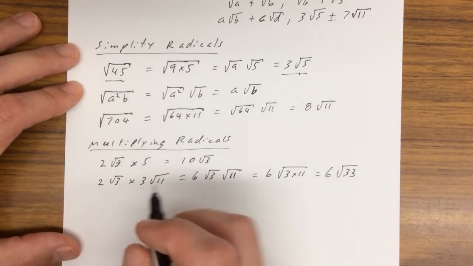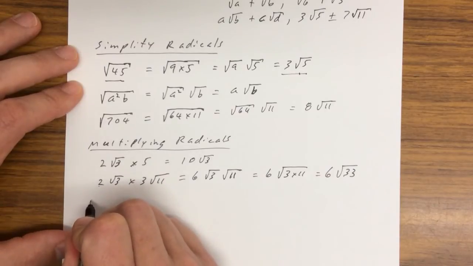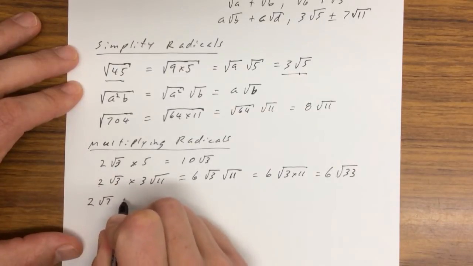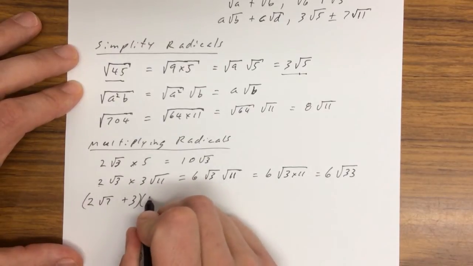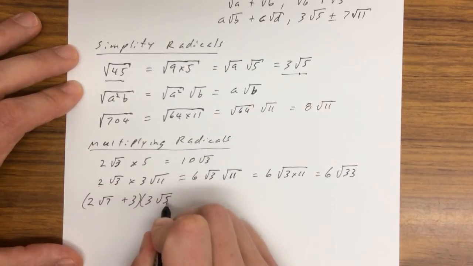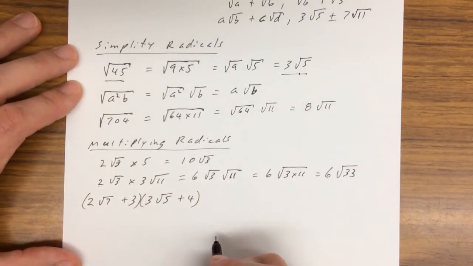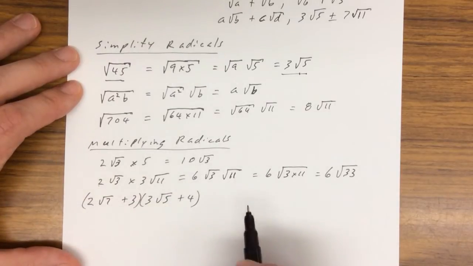Now, what about multiplying a binomial times a binomial for these radicals? So how about 2 root 7 plus 3 times 3 root 5 plus 4. Okay, so the way we do this is the same way we would do it with algebra.